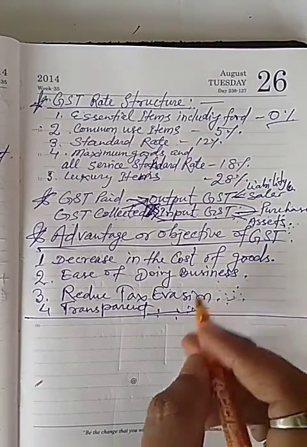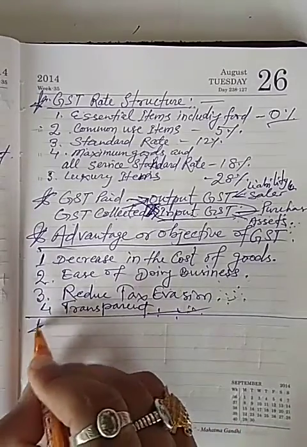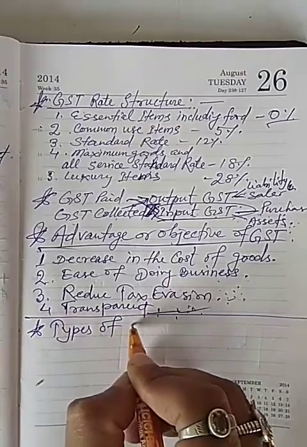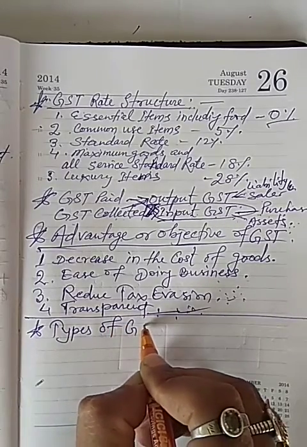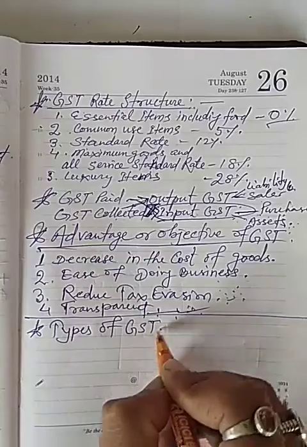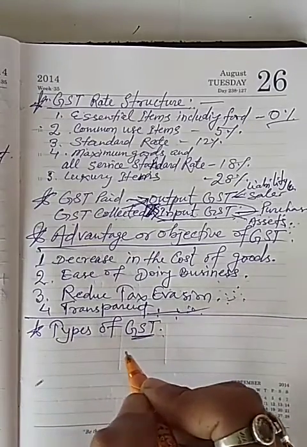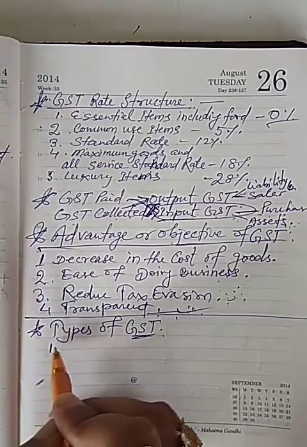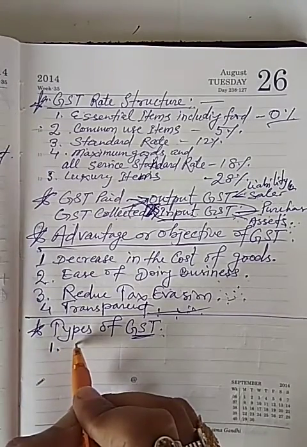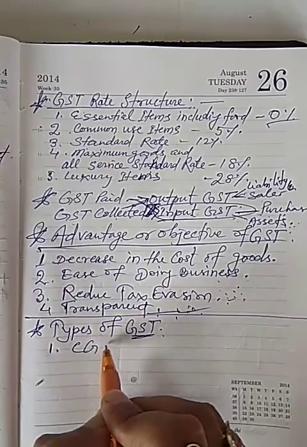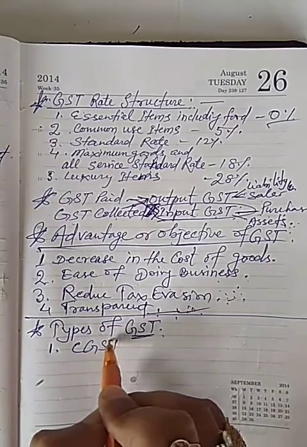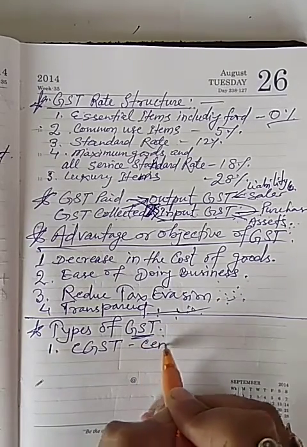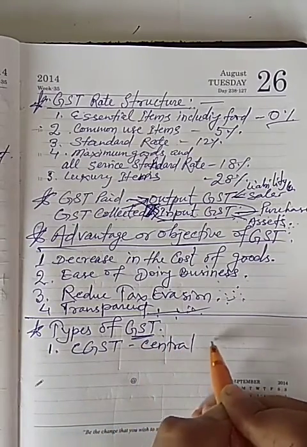Now, types of GST. First is CGST, means Central GST.